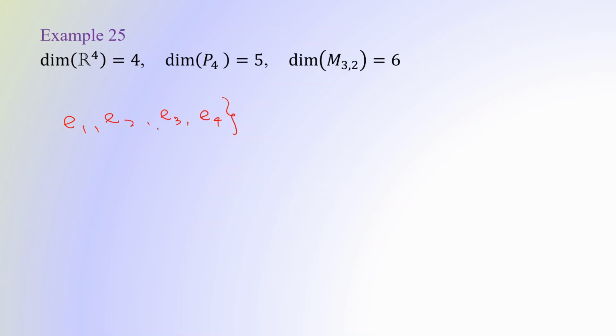It contains 4 elements, so the dimension is 4. For P4, the basis is 1, x, x squared, x cubed, and x^4. It contains 5 elements, so the dimension of P4 is 5. The dimension of M32, as explained in the previous example, is 3 times 2, which is 6.